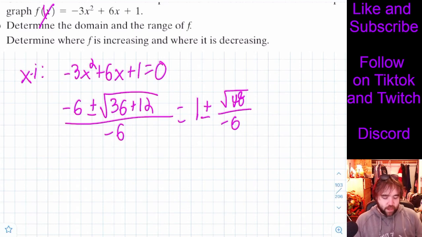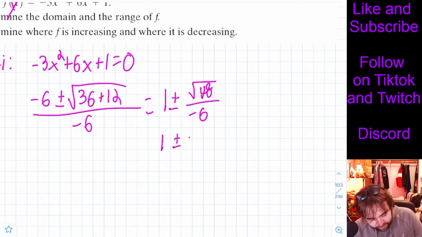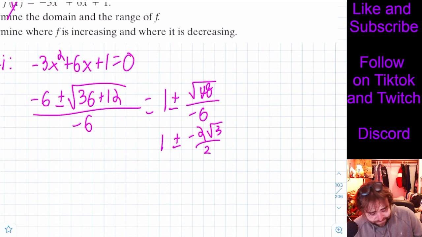So what's root 48? How can you simplify that? Well, you can pull out a 4. 4 and 12, so you can pull out a 16. So 4 root 3. 1 plus or minus 4 root 3 over 6. So these will cancel and be 2 root 3.